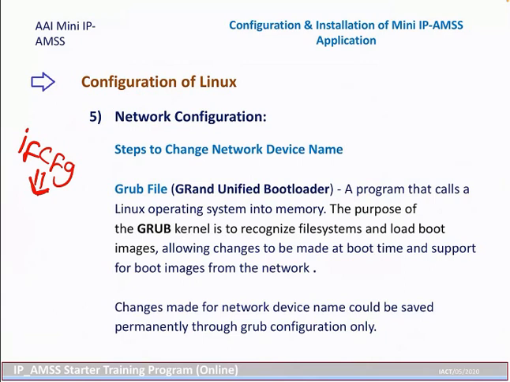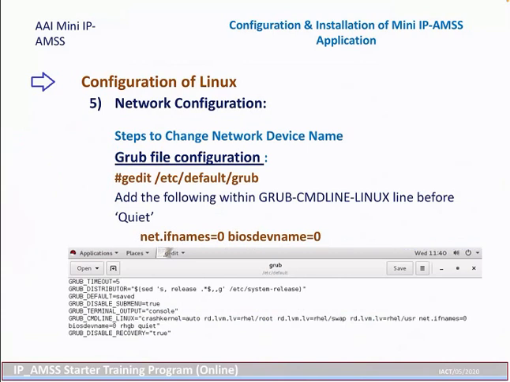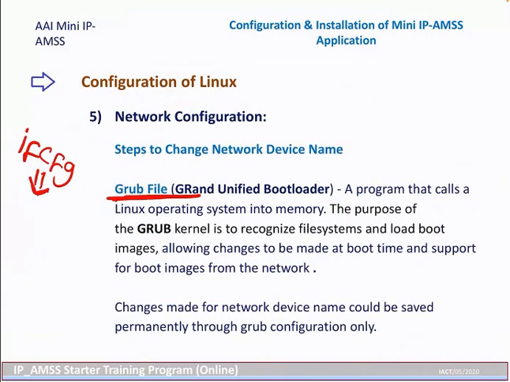So first what we have to do is, there is this grub file. Now what happens with this grub file is that whenever you restart the computer, suppose you have not done anything in this grub file, then whatever changes you had made using the GUI option will be reset to the default option. So whatever changes you had made will be removed.